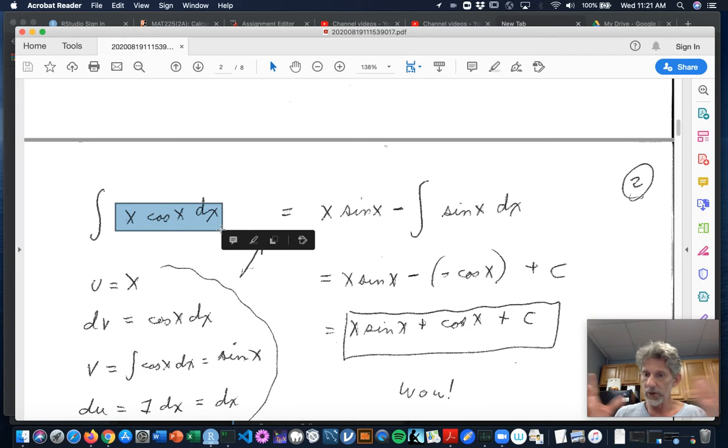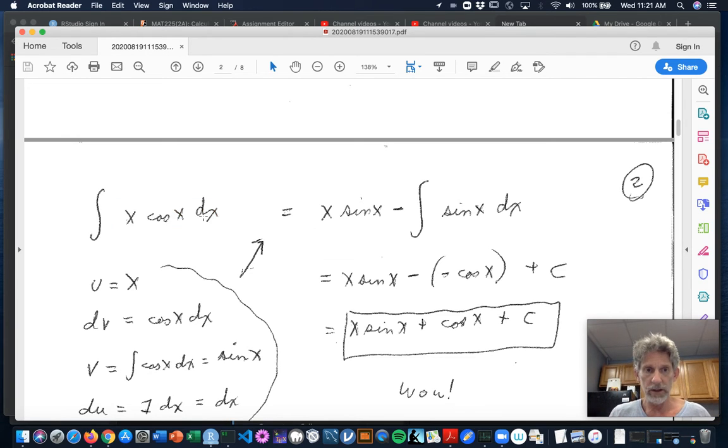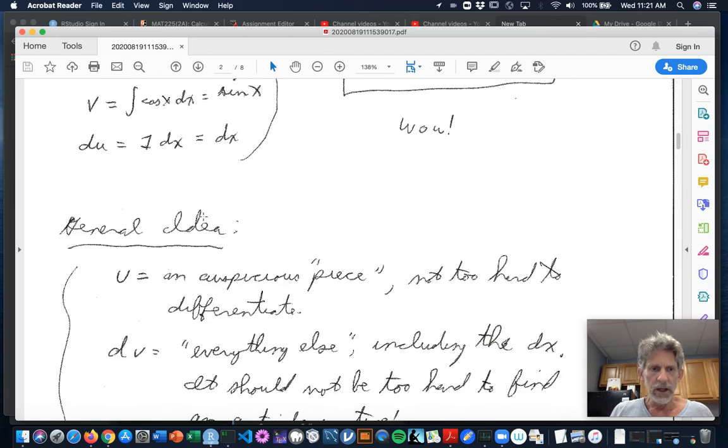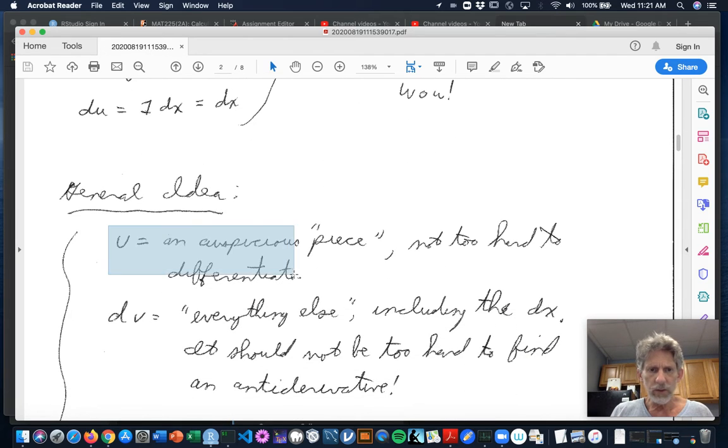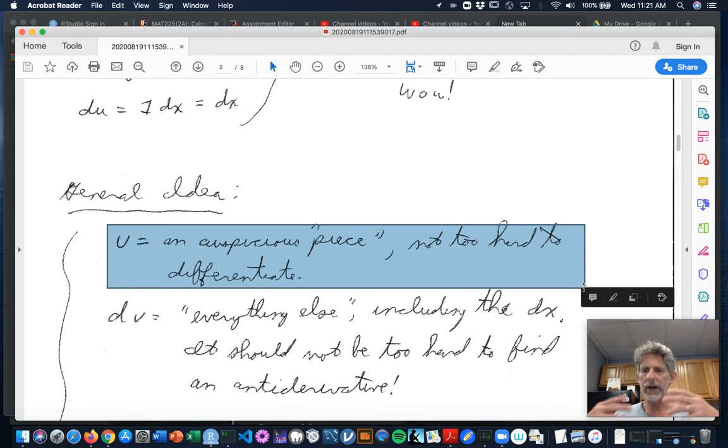So together, the u and the dv got to make up everything. And beyond that, you generally want to let u be what I might call an auspicious piece. Auspicious means bringing good fortune. An auspicious part of the problem, one that would not be too hard to differentiate.